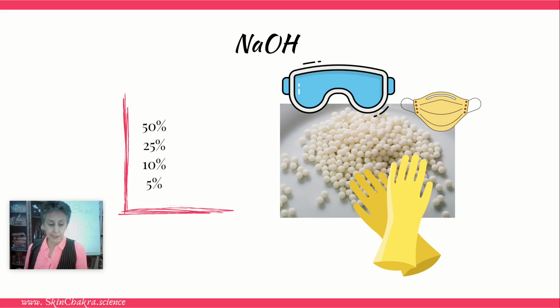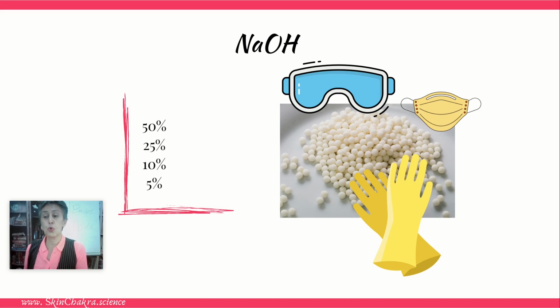Let's go to the concentrations that we make in our lab. Sodium hydroxide, as you know, is a very aggressive base. If you are already a soap maker, you probably have sodium hydroxide in your stash, either as a lye solution or as the pellets or granules.